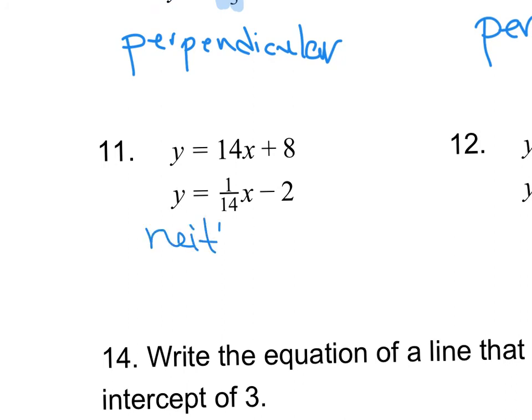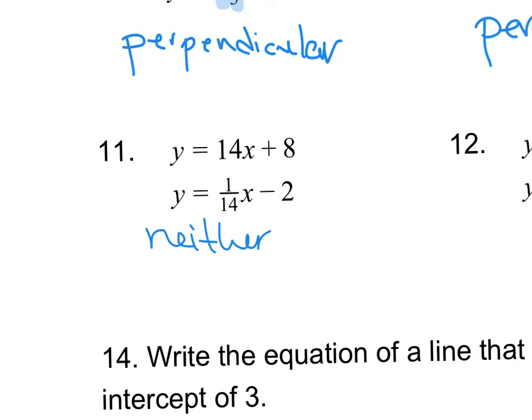Okay, I heard a perpendicular, so they're reciprocals, but they're not the opposite of each other, right? The signs are the same, so we know they can't be perpendicular. The slopes are not the same, so we know they can't be parallel. They must be neither. You'll also see on assignments that I give you, maybe even on your test, they may call these intersecting lines, which is true because they're not parallel.